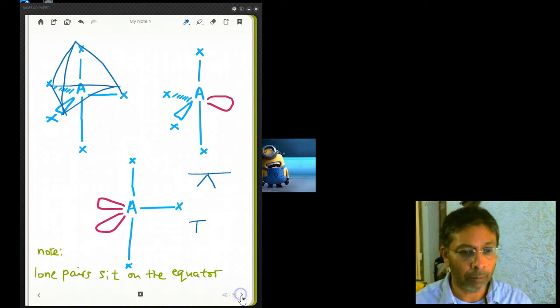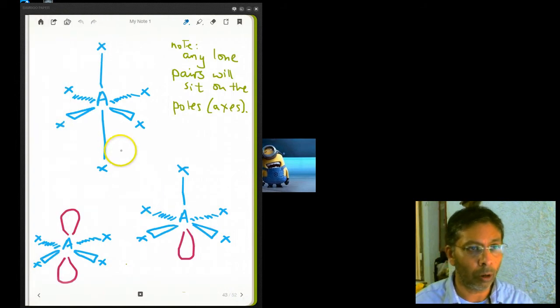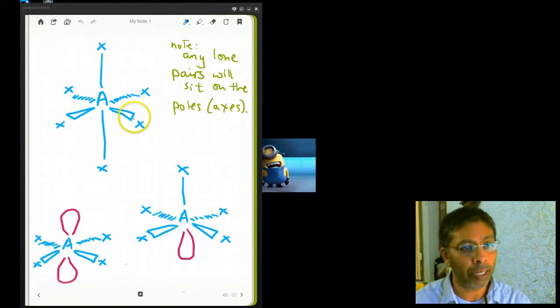And finally, the octahedral one. You have 6 electron regions, and when you have 6 electron regions, it's got to be octahedral. Why is it octahedral?